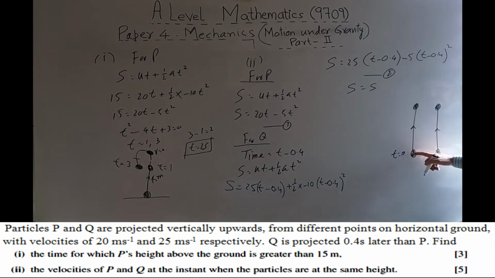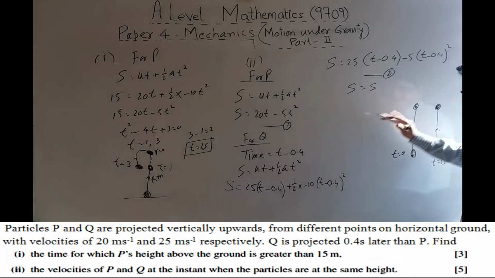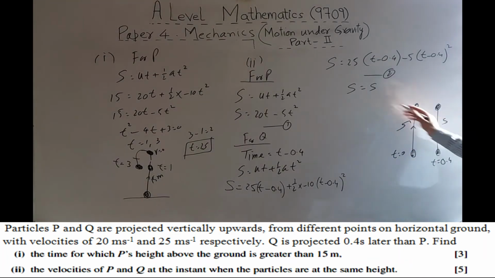So for example if we take 3 seconds for P, then it means that Q has the time 2.6 second. So for P it is 3 seconds, for Q it is 2.6 seconds. But the distance is same.